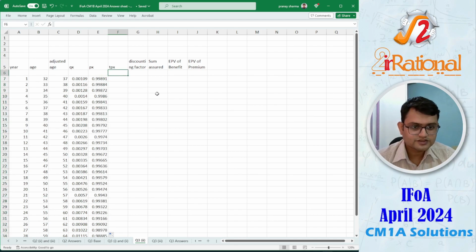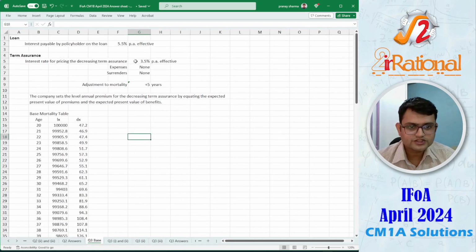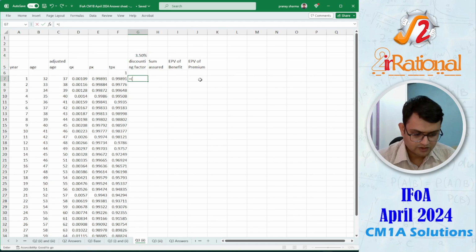And then tpx at time 0 will be 1. For the first year, I'll multiply the above by the first year's probability. Here we go. Discounting factor: the rate of interest for this was 3.5%, so (1 + i), fixed, raised to minus year.